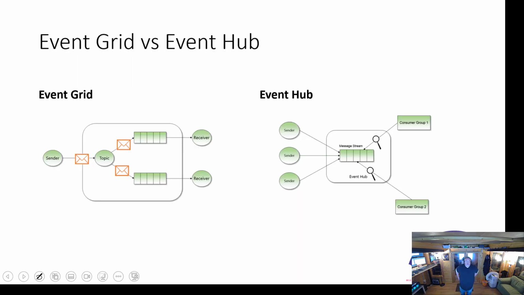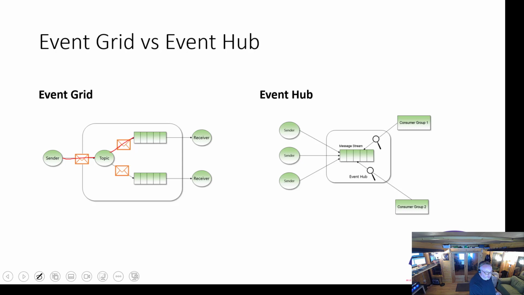Now, this diagram, it's pinched from the Service Bus Event Hub video I did, but actually the concept's the same. So if we think on the Event Grid, it looks a bit like a Service Bus where we've got this box would be our Event Grid domain if we had a domain, but either way we'd end up with a topic that somebody sends a message to. So in this case, let's say we've got a custom application sends an event to a topic.